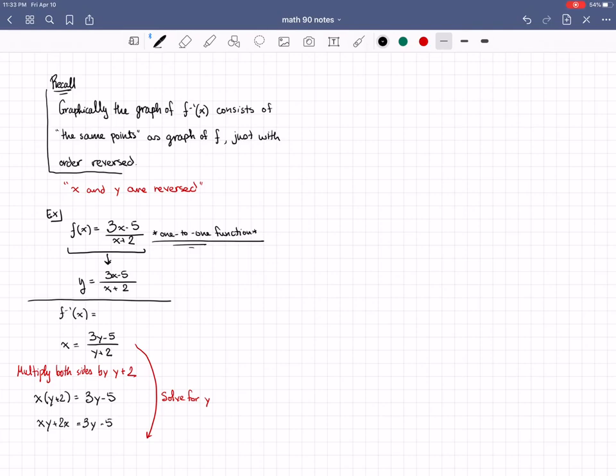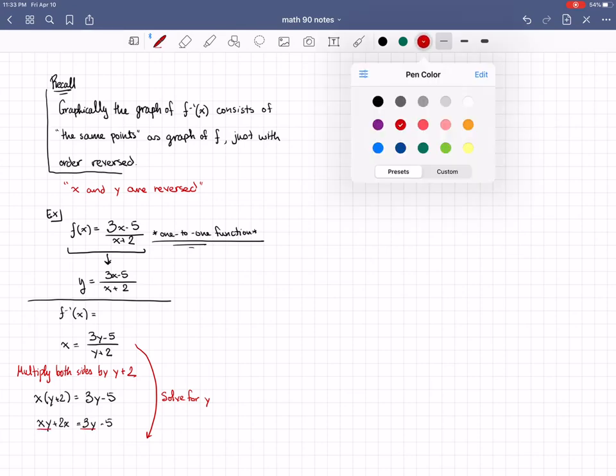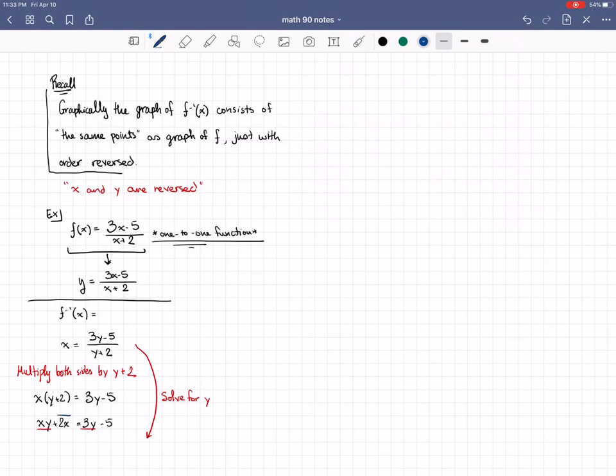And remember, the goal is to solve for y. So what I'm going to do is take all of the terms that have y's in them and group them to one side, and then all of the terms that don't and group them to the other. Here's how I'm going to outline it. I'm going to circle the y terms in one color, and the non-y terms in another color. It doesn't matter which side you put which.